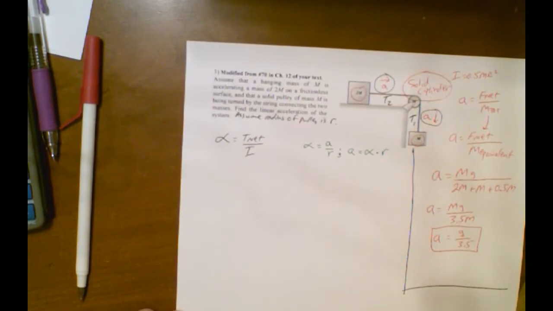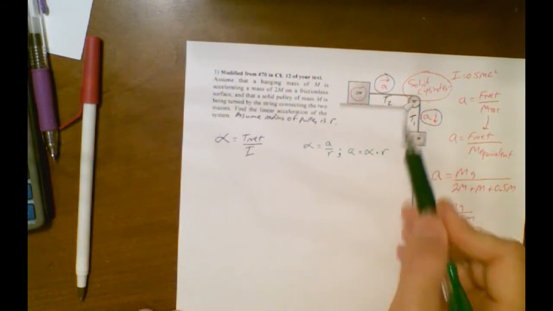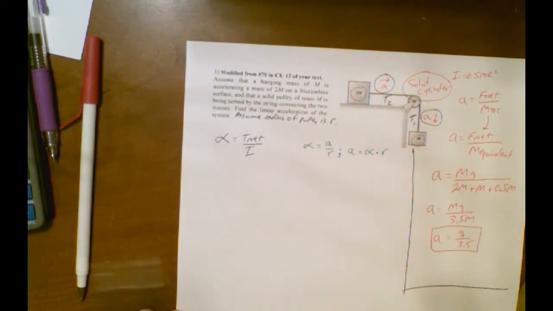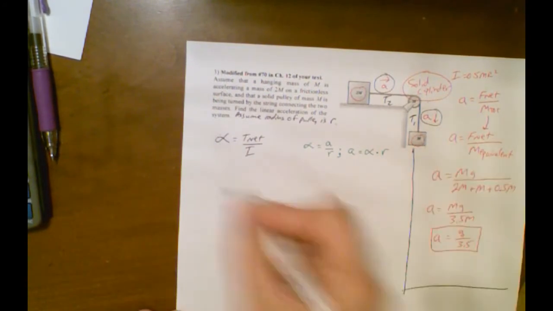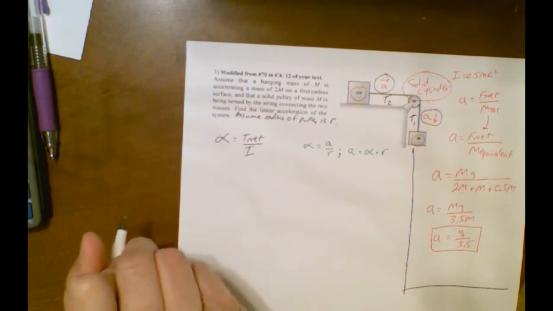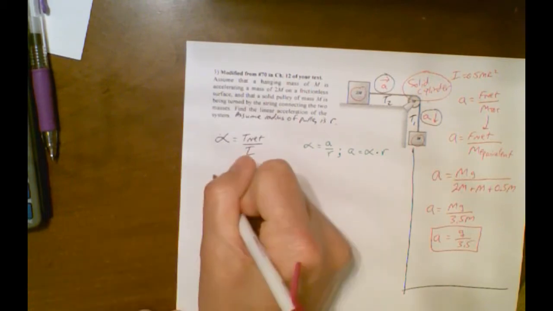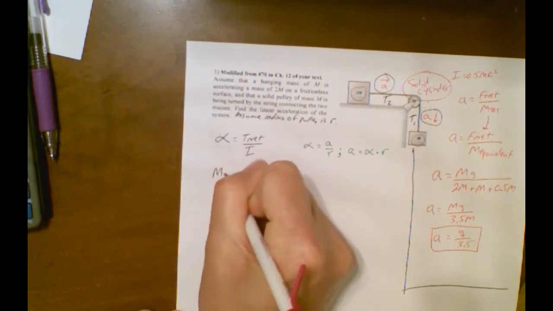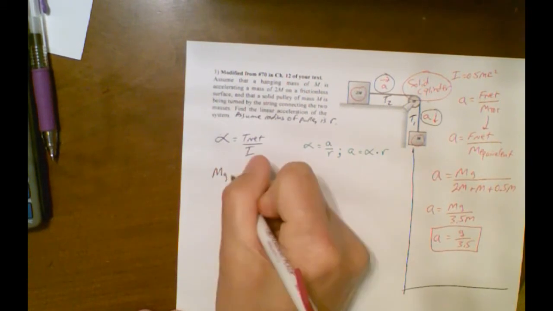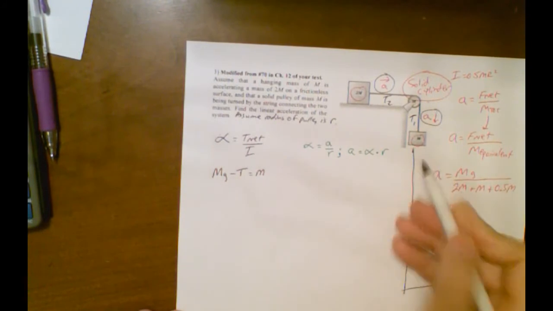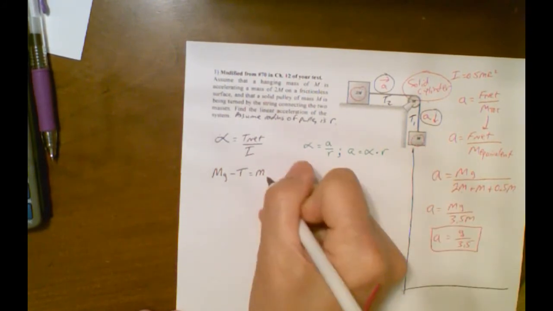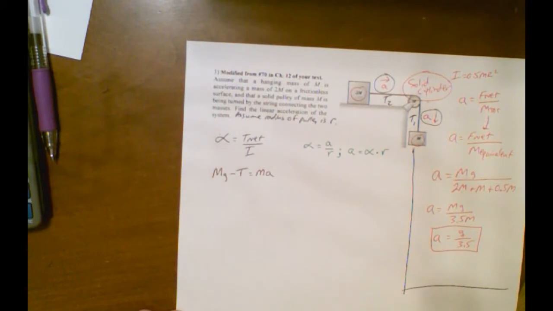So I'm going to start with figuring out the acceleration for this and this as independent equations. I'm going to think about this one first, and for that, the force down is mg. The force up is tension 1, and that will equal the acceleration of that system, which still has a mass of m. So that's m times a.